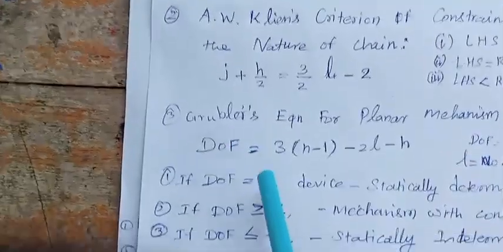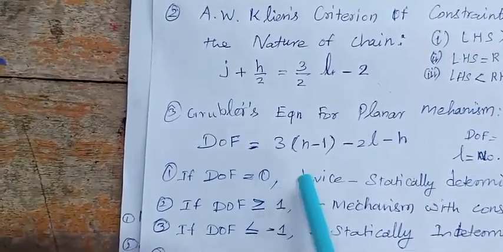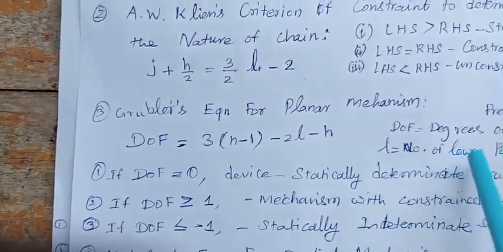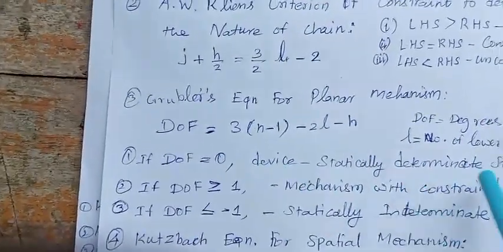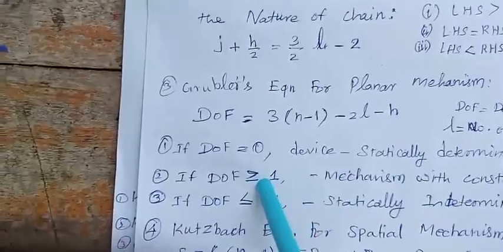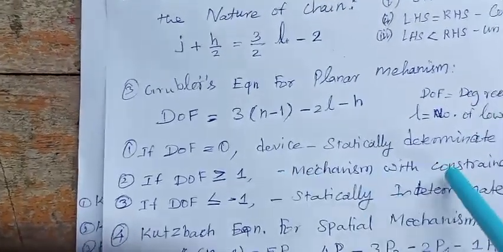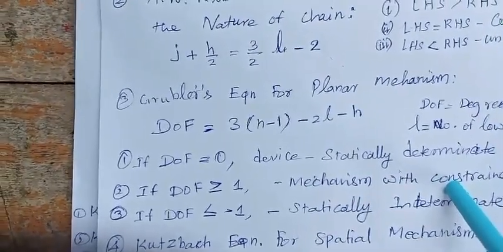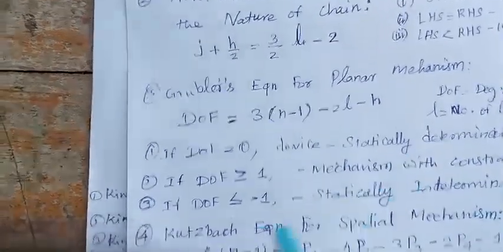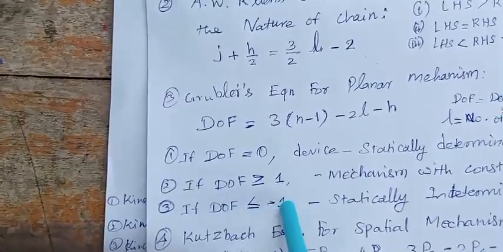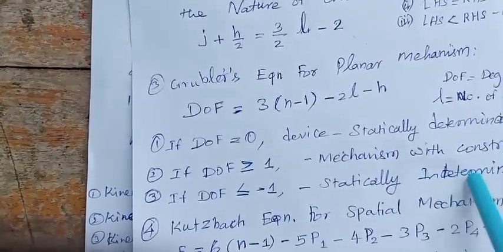If the degrees of freedom equal 0, the device is a statically determinate structure. Simply, degrees of freedom 0, it's a structure, and degrees of freedom greater than or equal to 1, mechanism with constrained motion. Degrees of freedom less than 1, statically indeterminate structure.